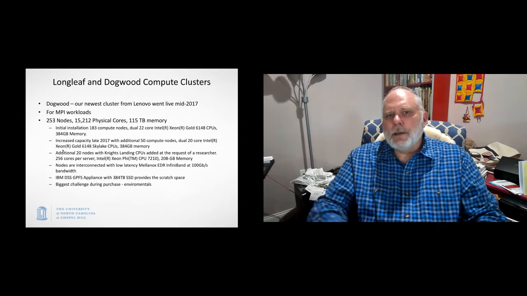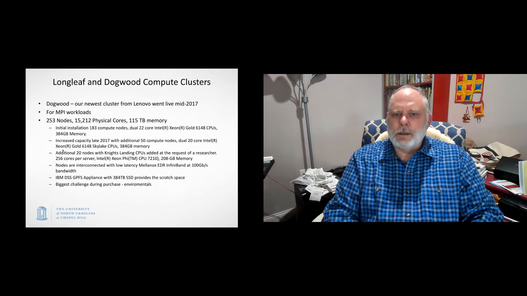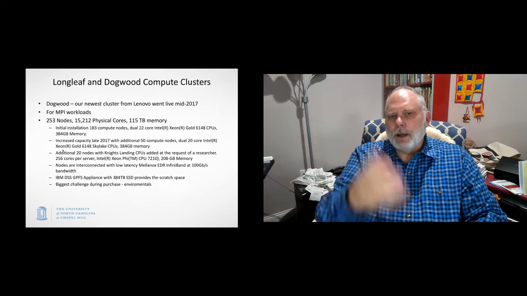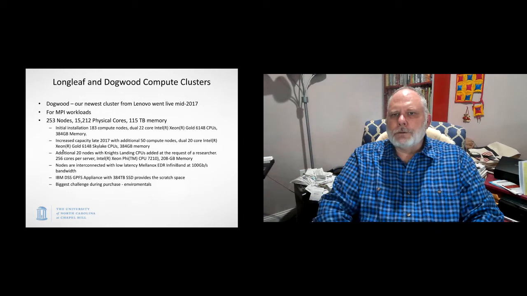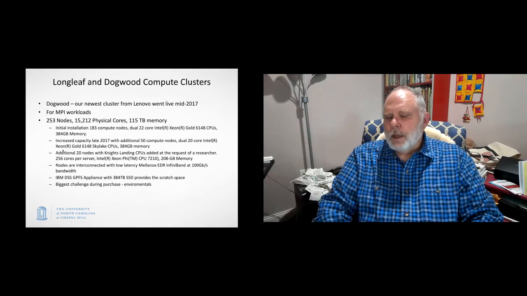So our clusters, we have two of them. We have one that's now about 3 years old. It's for massively parallel workloads. It's got 253 nodes, 15,000 cores, 100 plus terabytes of memory. This is all connected with low latency InfiniBand connections.